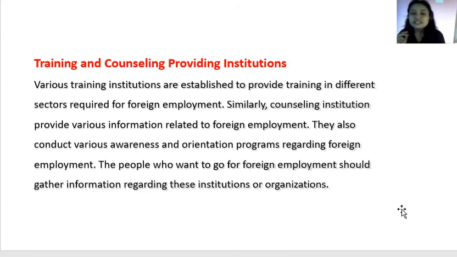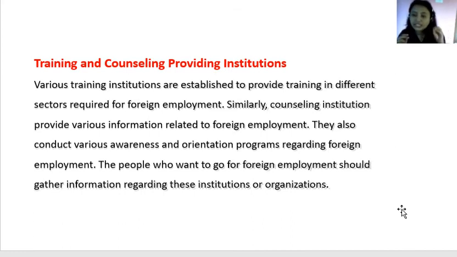And the next one is the training and counseling providing institutions. Various training institutions are established to provide training in the different sectors required for foreign employment. Counseling institutions are also there, which will provide you counseling about the documentation process and the visa process.